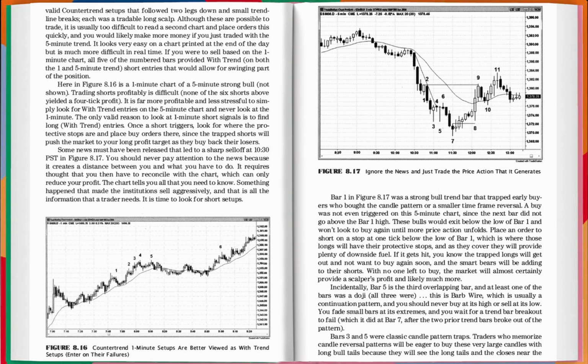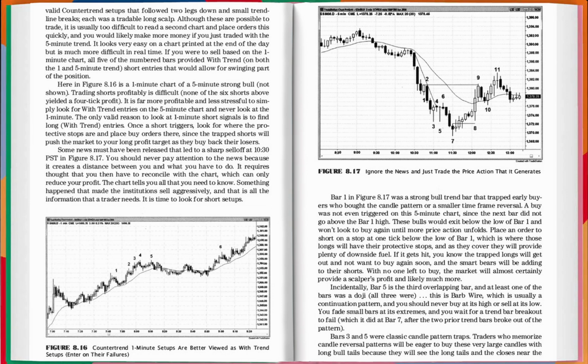Place an order to short on a stop at 1 tick below the low of bar 1, which is where those longs will have their protective stops, and as they cover, they will provide plenty of downside fuel. If it gets hit, you know the trapped longs will get out and not want to buy again soon, and the smart bears will be adding to their shorts. With no one left to buy, the market will almost certainly provide a scalper's profit and likely much more.